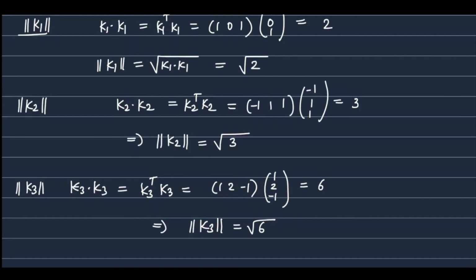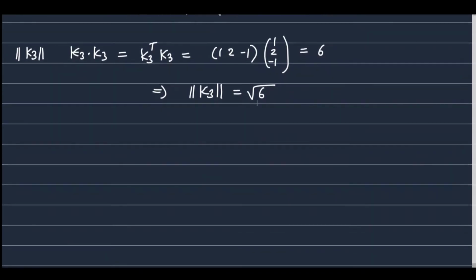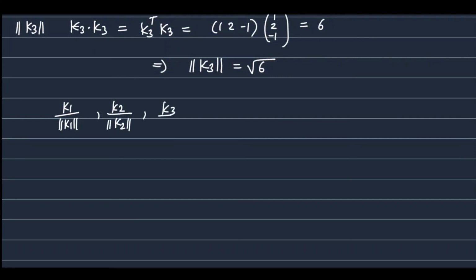So we can write the orthonormal set of vectors. We have to divide k1, k2, k3 by their norms: k1 by norm k1, k2 by norm k2, and k3 by norm k3.